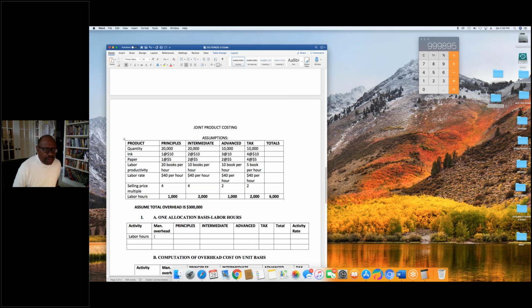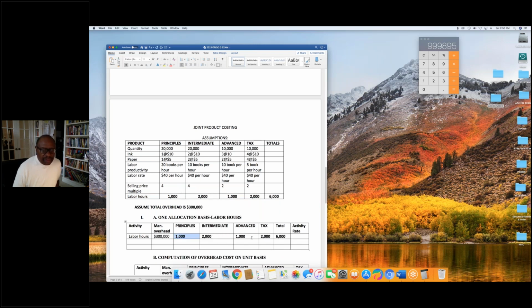The total overhead that we're allocating is 300,000. And so our goal here is to determine how much of the 300,000 is going to be allocated to each book. So that's what we're doing at this stage. To get to that stage, we're going to bring down these hours and paste them right in here.